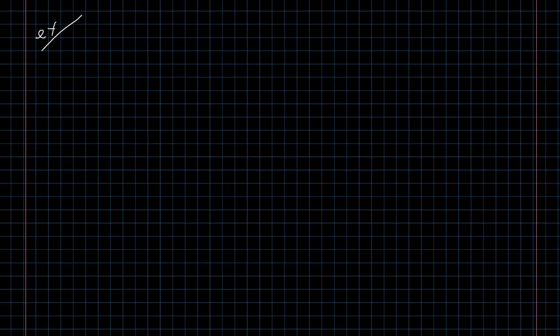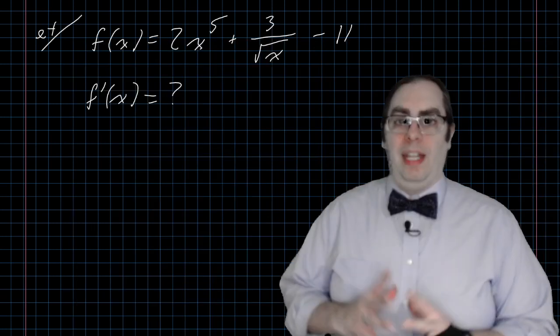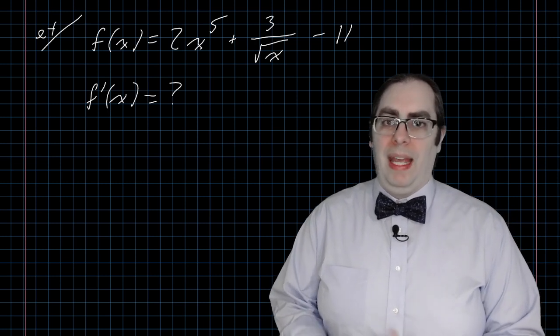I would like you to try to look at the function f of x equals 2x to the 5th plus 3 over the square root of x minus 11, and see if you can find an expression for f prime of x in this case, right? f of x is 2x to the 5th plus 3 over the square root of x minus 11. All right, take a few minutes to see where you can get with that one, and I'll see you in the next video.